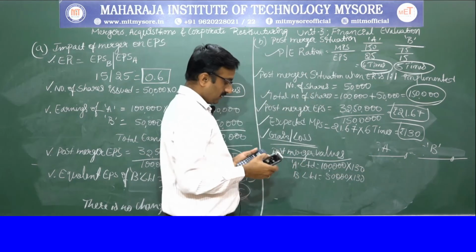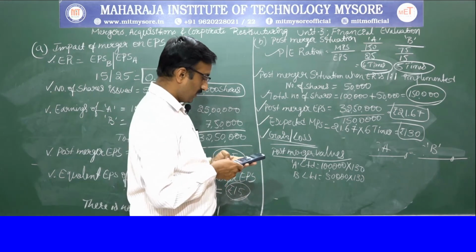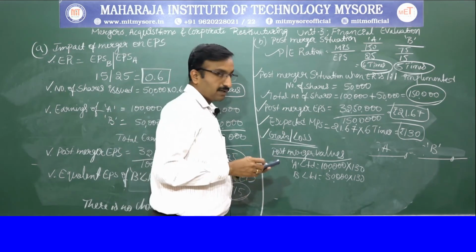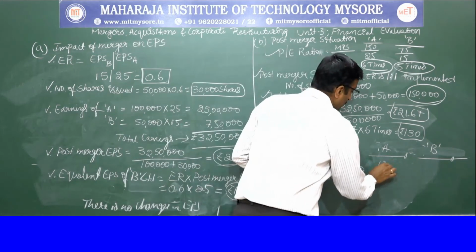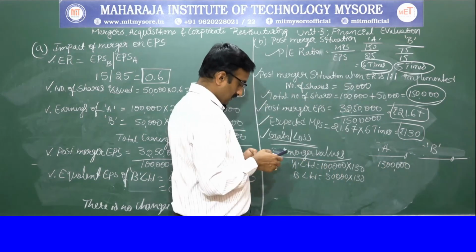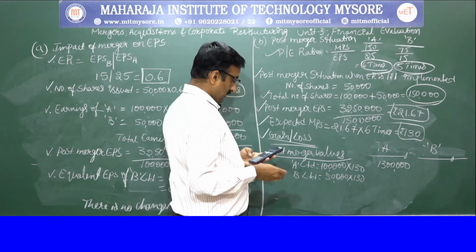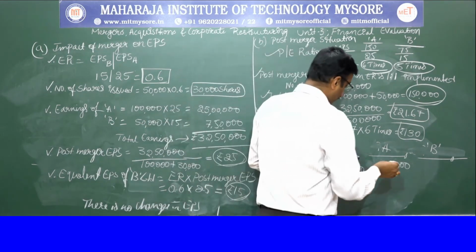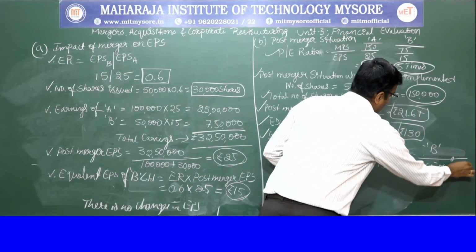So calculate 130 into 1 lakh: you will get 1.3 crore, that is 130 lakh, for A Limited, and for B Limited you will get 65 lakh.